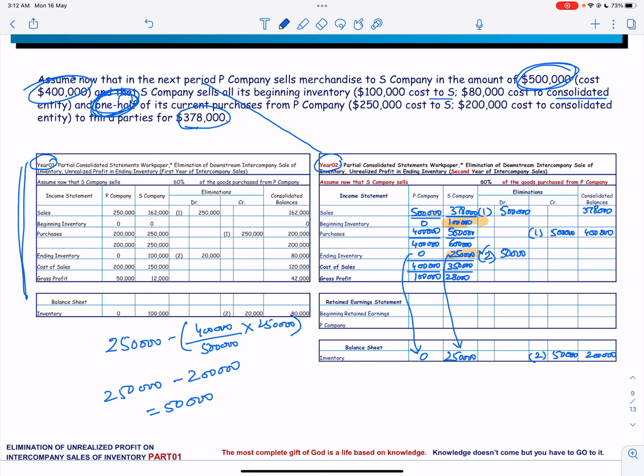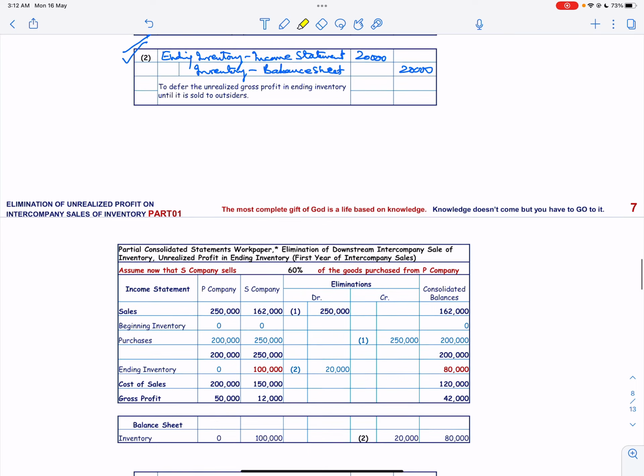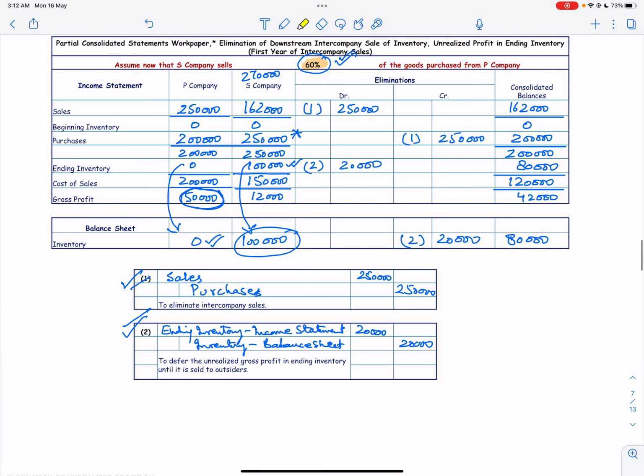We will talk about the journal entry in a while, but now let us talk about something that is new in the second year, and that is the elimination of profit from the beginning inventory. Now, in the first year, the ending inventory in the balance sheet of S company is 100,000.